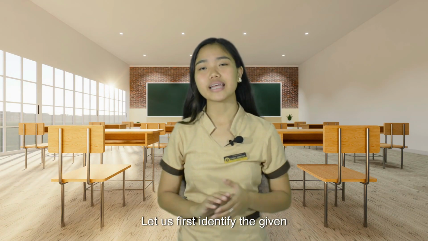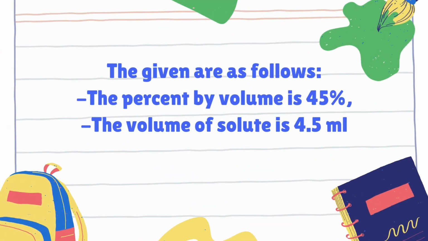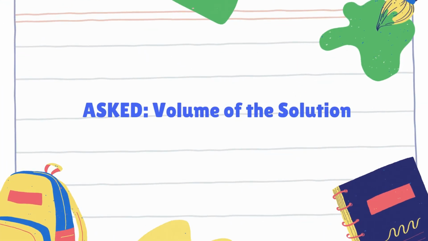Let us first identify the givens. The givens are as follows. The percent by volume is 45%, and the volume of solute is 4.5 ml. What is being asked in the problem is the volume of the solution.